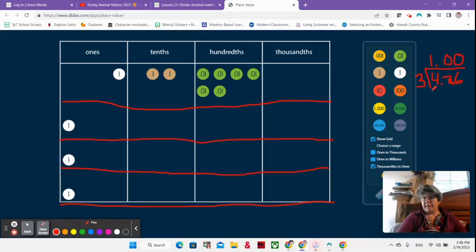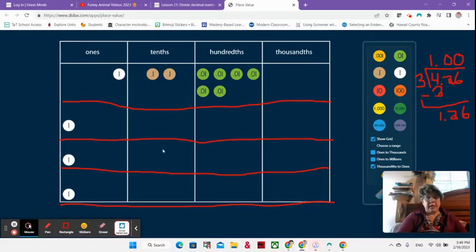So 1 times 3 is 3, right? Then we say, well, what is left over? That's our subtraction. We divided, we multiplied, now we're going to subtract. 4 minus 3 is 1. And we still have our 2 tenths and our 6 hundredths, which we know is also 26 hundredths.